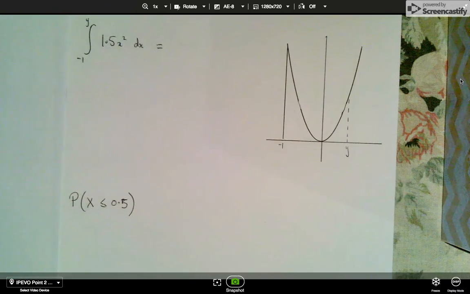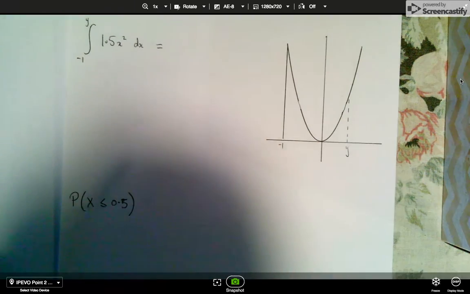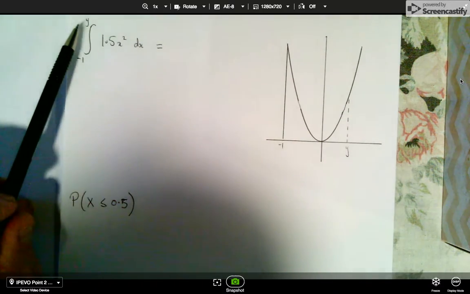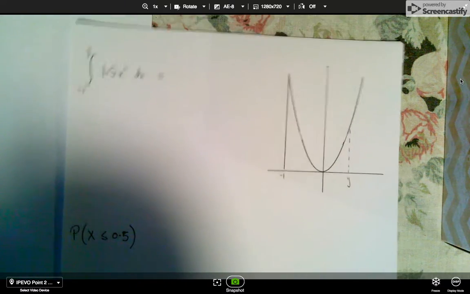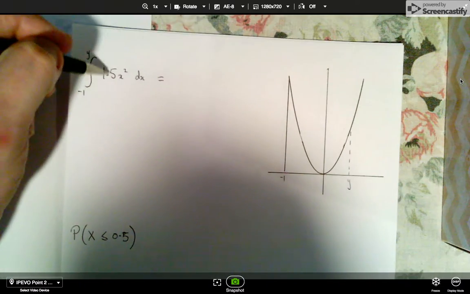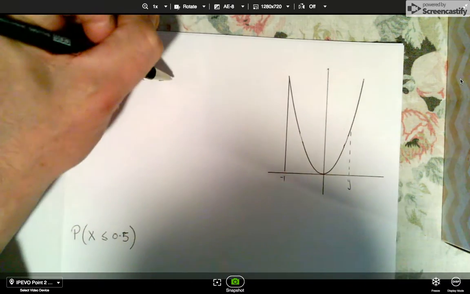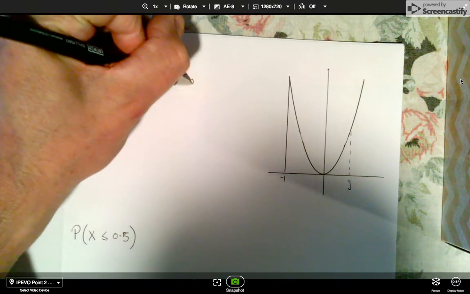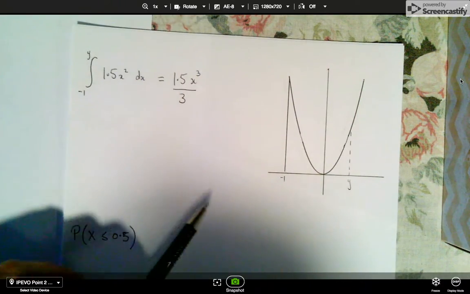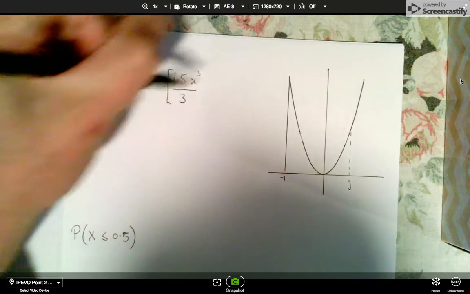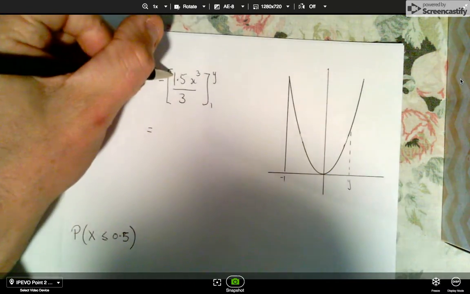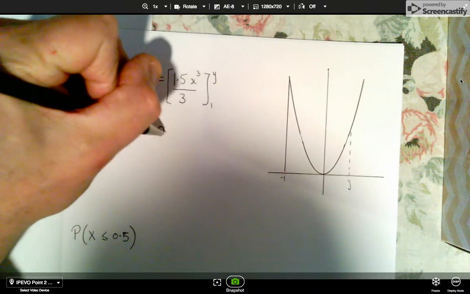So how can we use that? The next thing Alan did was he took it from -1 to some value of y. So let's integrate again, and it's the same sort of rule, and we'll come up with pretty much exactly the same thing. 1.5 times x cubed over 3. Add 1 to the power and put it over 3, between our limits of -1 and y, which equals 1.5 over 3, which is still 0.5.